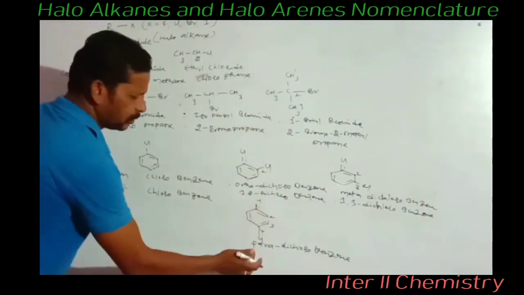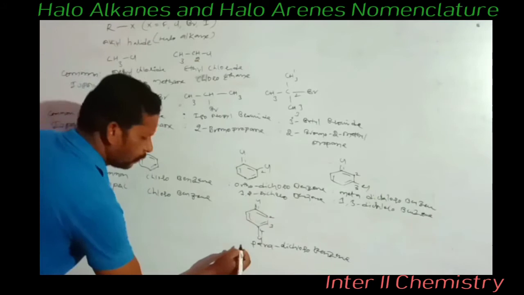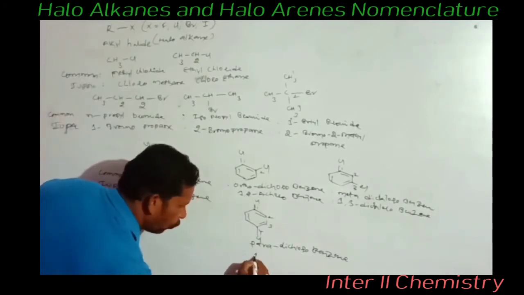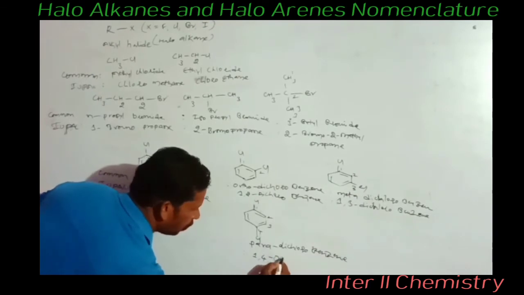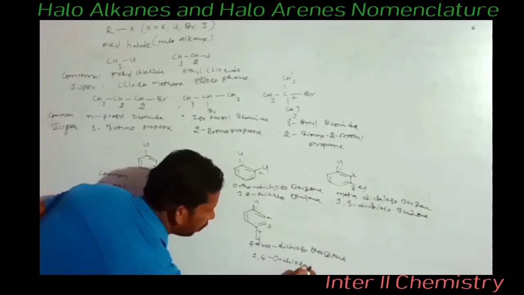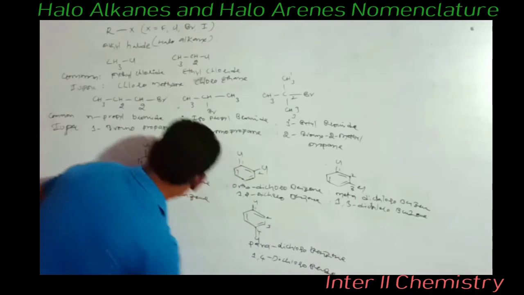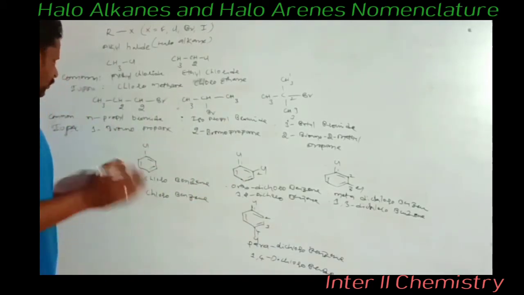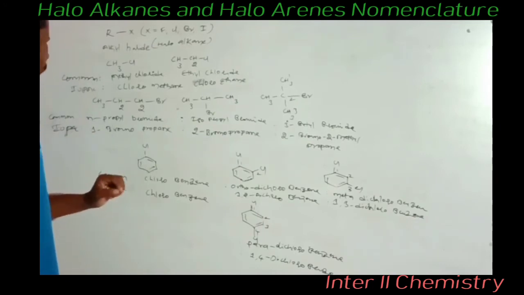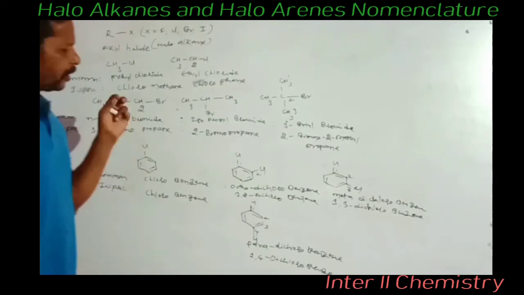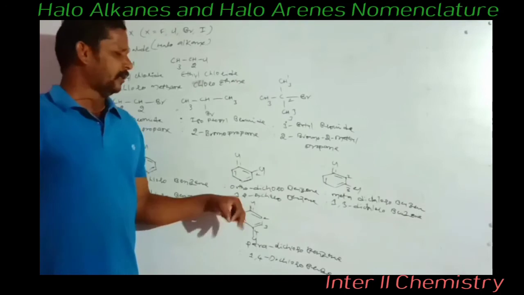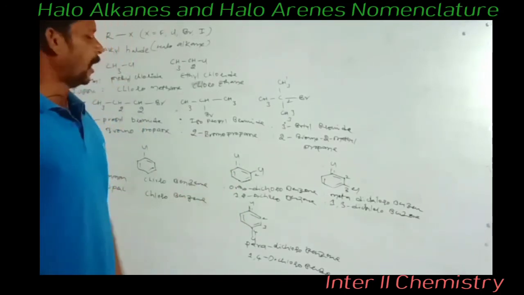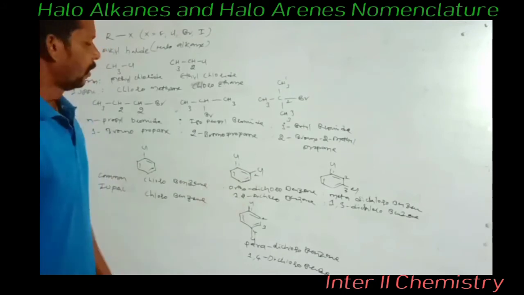Here it is the para position, but according to IUPAC nomenclature it is 1,4-dichlorobenzene. In monosubstituted aryl halides, there is no difference between common and IUPAC nomenclature. But if it is a dihalogen compound, the common and IUPAC methods differ to some extent, like this.